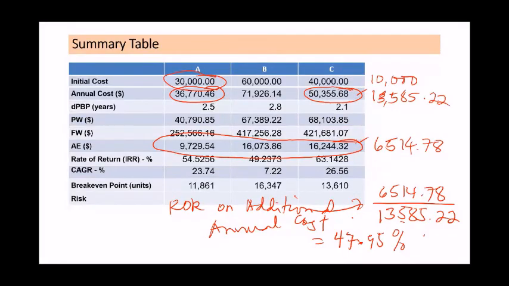So what we do is get the difference of the annual cost as well as the difference of the annual profit. Remember, AE is the annual profit. Is the additional cost or the difference in cost, 13,585.22, justified by the additional profit of 6,514.78? Okay, get the ratio.